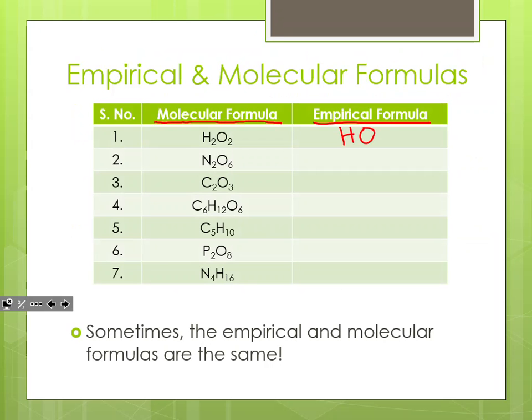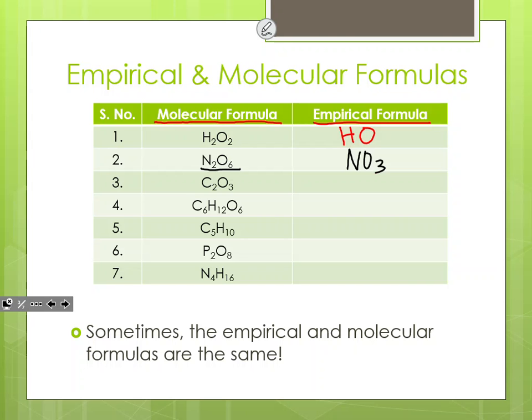So let's look at the next example. Dinitrogen hexoxide. This one right here. What is the common factor between both elements? Another 2. We divide them both by 2, we get NO3. That would be the empirical formula.